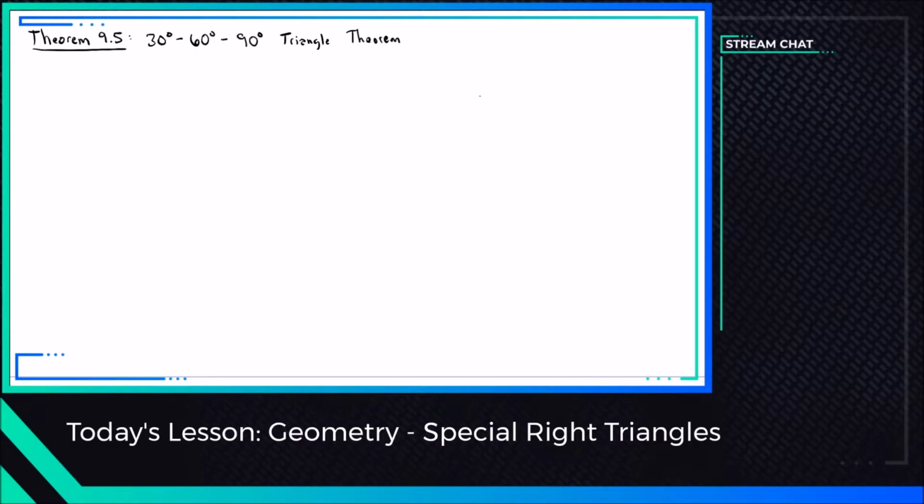You've probably seen these quite a bit as well. They look like so. We have our right angle there. This larger angle on top is going to be 60 degrees. This skinnier angle down here is going to be 30 degrees. And we're going to have the shortest side here have a length of x.